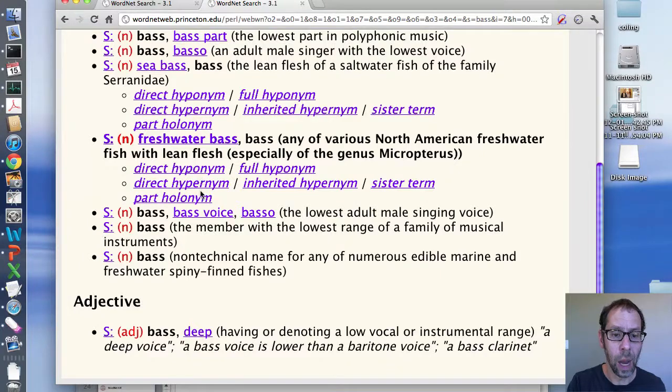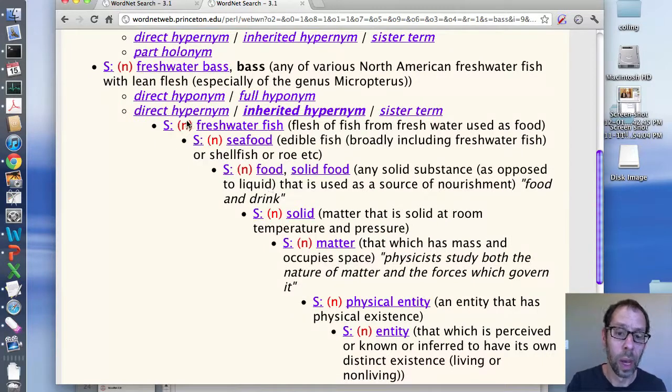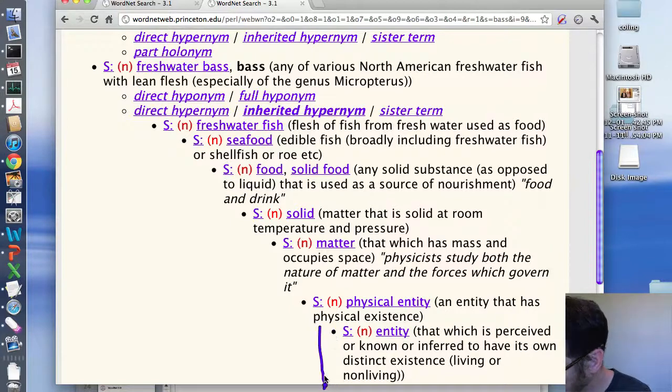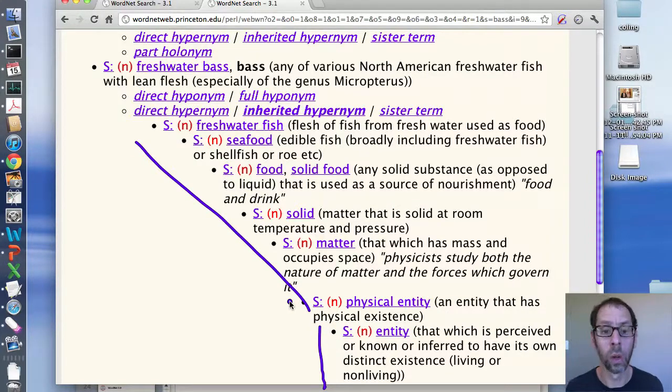There we go. And now we can ask for the whole set of inherited hypernyms. And a bass is a kind of freshwater fish, a kind of seafood, a kind of food, all the way up again, all the way down here to entity at the bottom. So here's the whole hypernym or superordinate hierarchy.